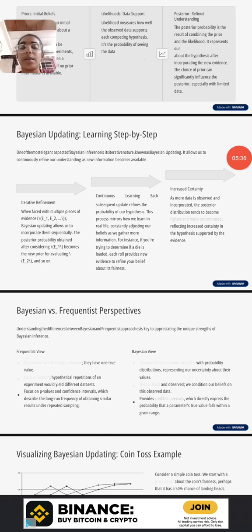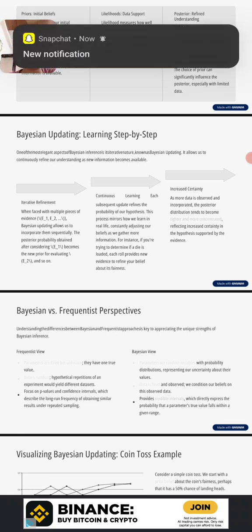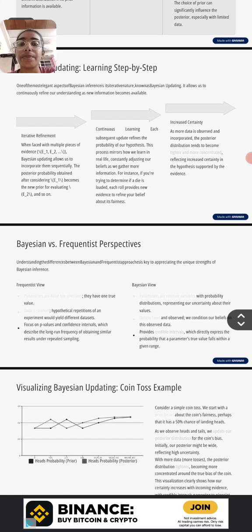Next is Bayesian updating, learning step by step. One of the most elegant aspects of Bayesian inference is its iterative nature, known as Bayesian updating. It allows us to continuously refine our understanding as new information becomes available.